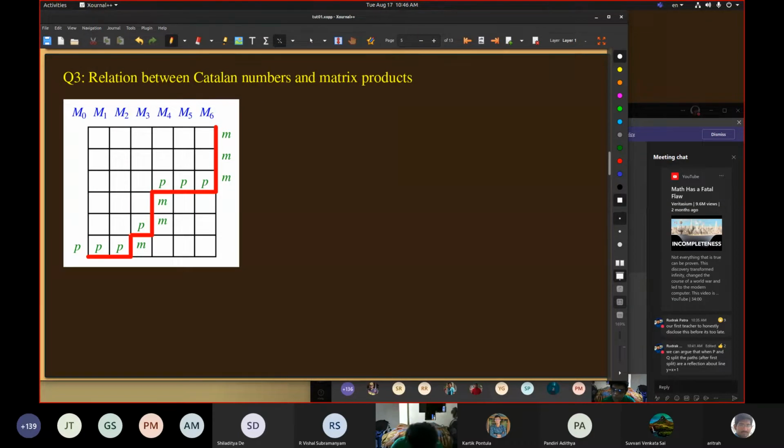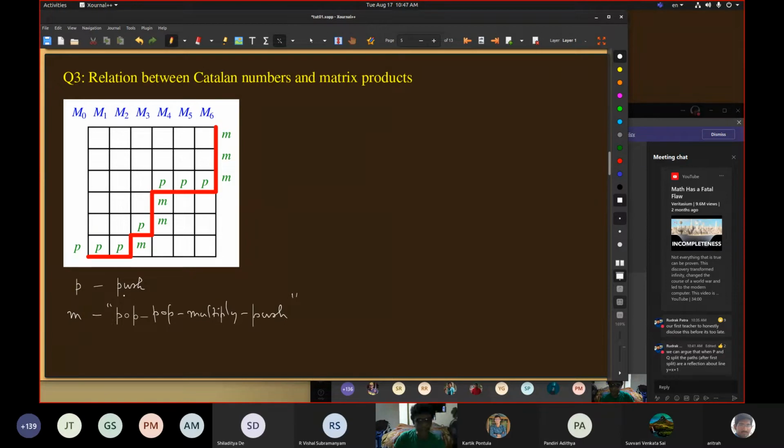So this P stands for push. So I will use a stack. M stands for pop, multiply, push. This entire operation: pop the two top elements of the stack that I am going to use, multiply them, and push the product back to the top of the stack.